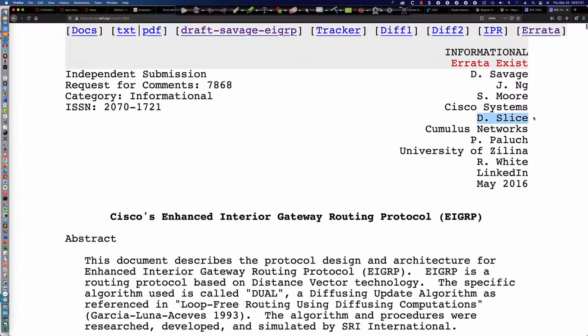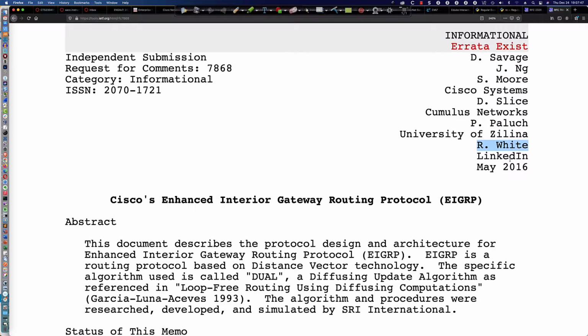It is Don Slice. For some reason there, I couldn't remember his last name. And then you've got Peter Paluk, who is a genius. I've also met Peter multiple times. Absolutely brilliant, Russ White, router god. So these are guys, and you can see Donnie Savage's name is up here.